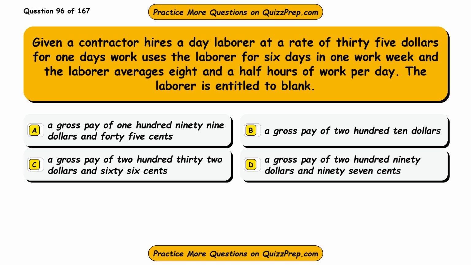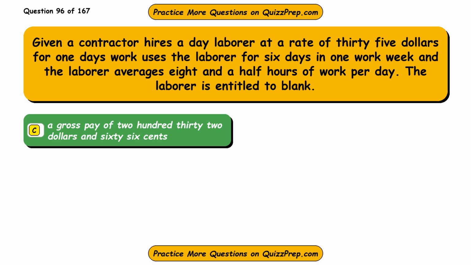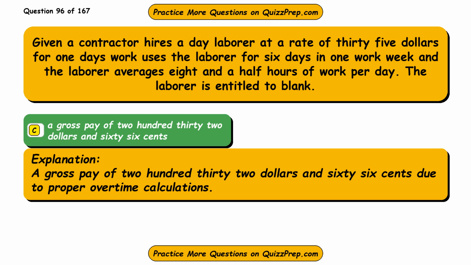Option C, a gross pay of $232.66. Option D, a gross pay of $290.97. The correct answer is option C, a gross pay of $232.66. A gross pay of $232.66 due to proper overtime calculations.